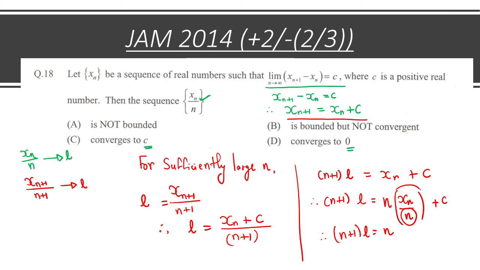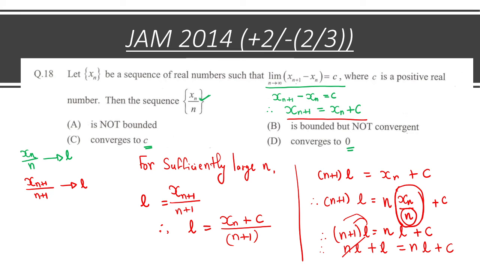Therefore, n plus 1 times L is the same as n times xn upon n plus c. If n is sufficiently large, xn upon n should be equal to L, and then after that, plus c as it is. Now we just distribute this L inside. So I get nL plus L is equal to nL plus c.